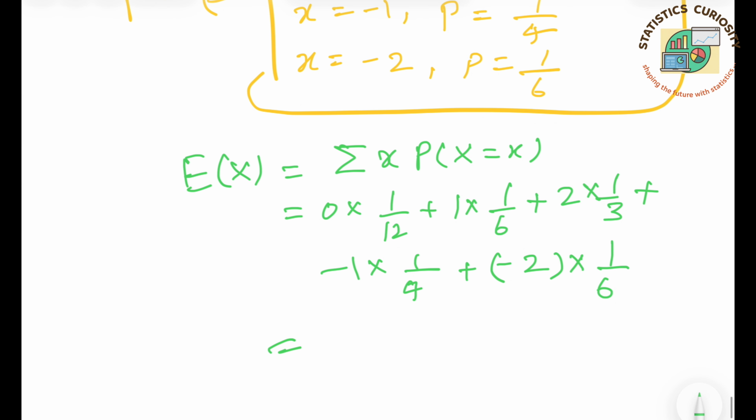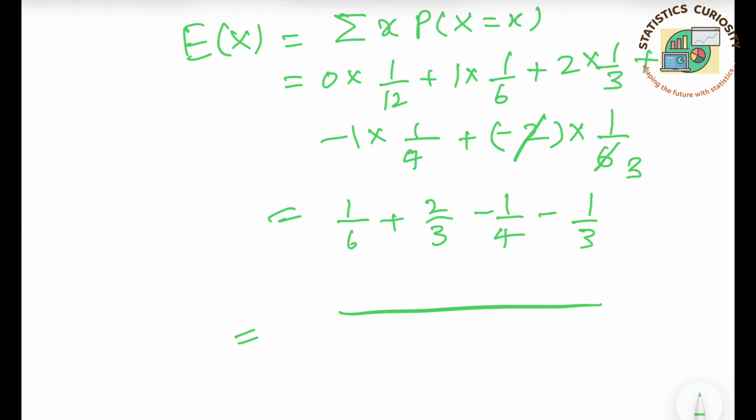So it will become 0 plus 1 by 6 plus 2 by 3 minus 1 by 4, and this one will be minus 1 by 3. The LCM of these numbers will be 12. So it will be 2 plus 8 minus 3 minus 4, so 10 minus 7 gives 3 by 12, that is 1 by 4. Expectation of x is 1 by 4.